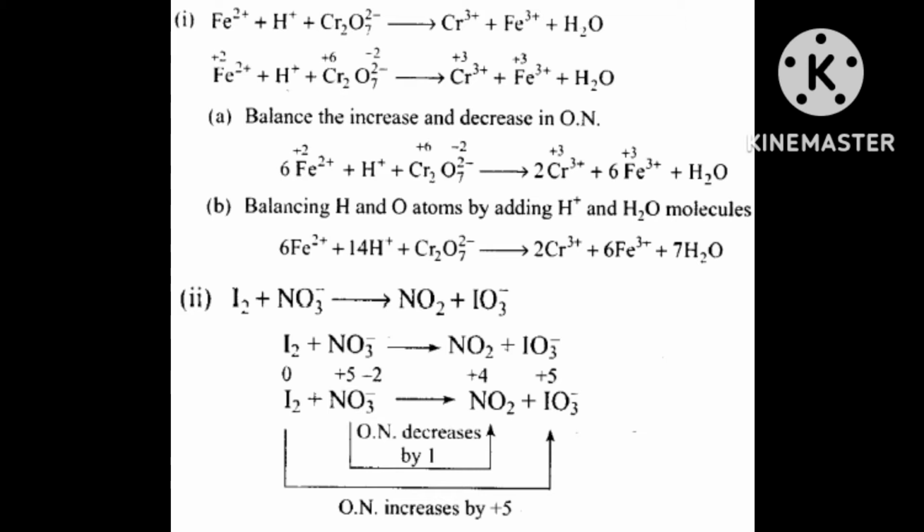Add H+ ions or OH- ions to the expression on the appropriate side, so that the total ionic charge of the reactants and products is equal.